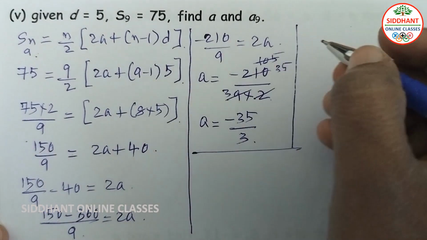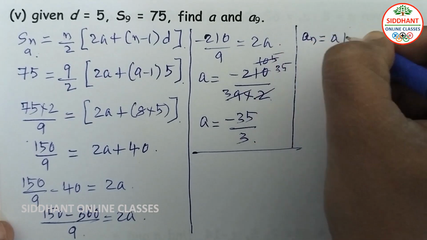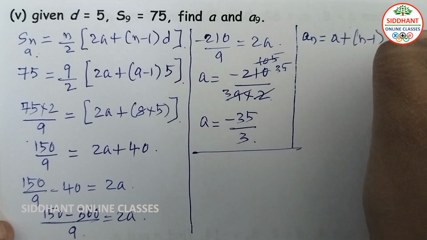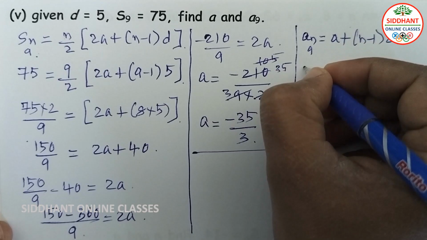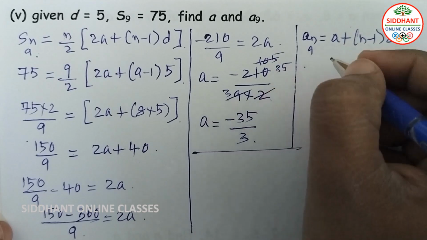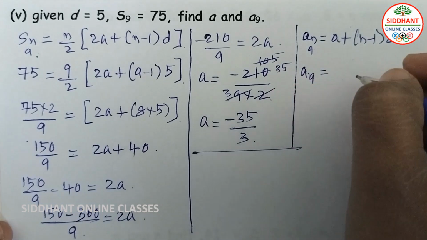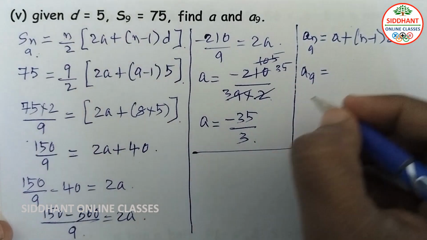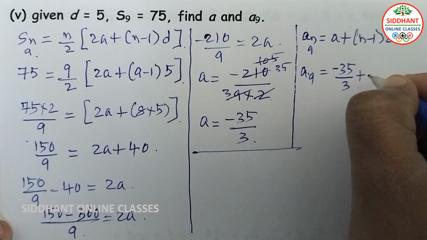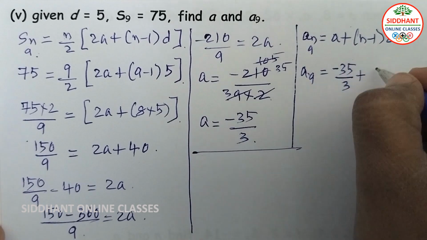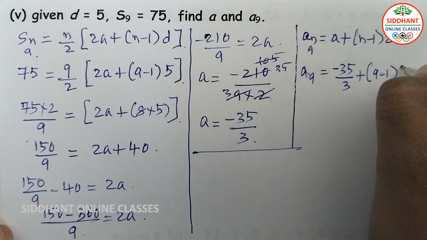Next we are going to find out a9. We know an equals a plus n minus 1 into d. For a9, a is minus 35 by 3 plus n, which is 9, 9 minus 1, and d which is given, that is 5.